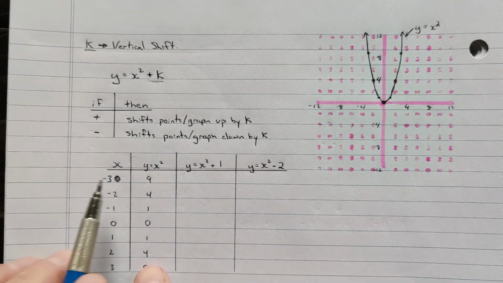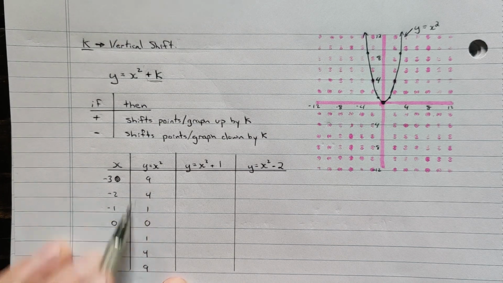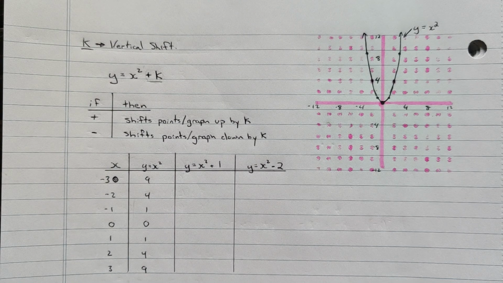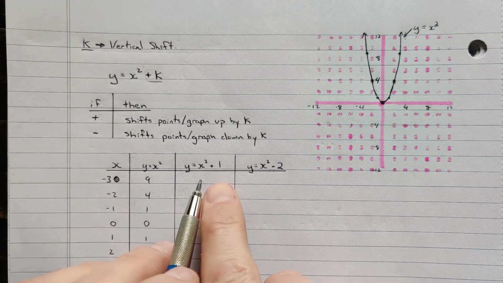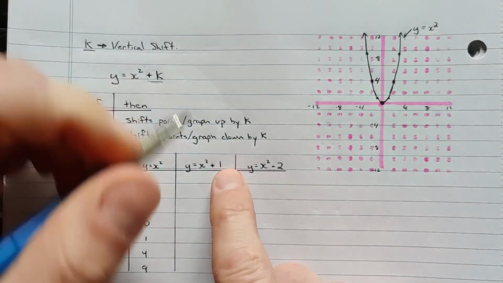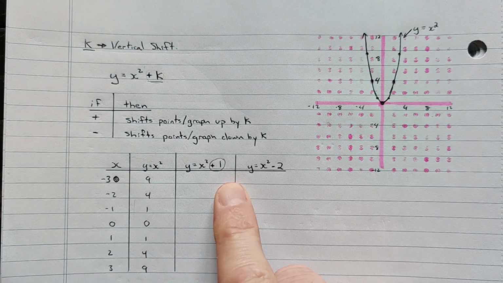So here I have a table of values with our x and then our y equals x squared. There's the y values for this base graph, and there's our base graph already plotted. And so now let's make a table for y equals x squared plus 1. So we're going to make a K of +1 here.